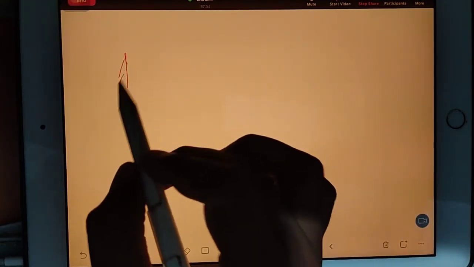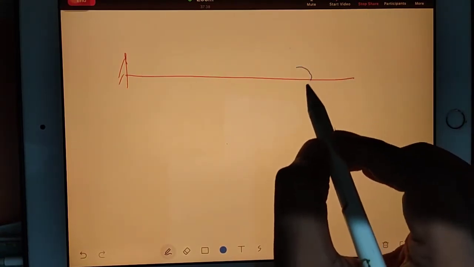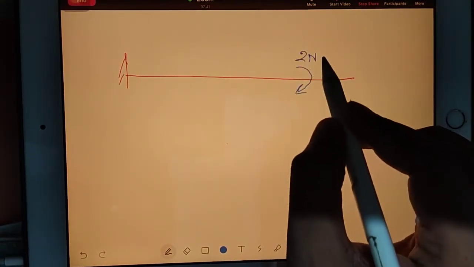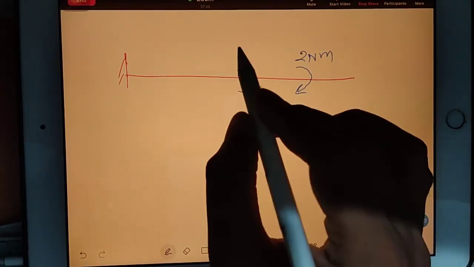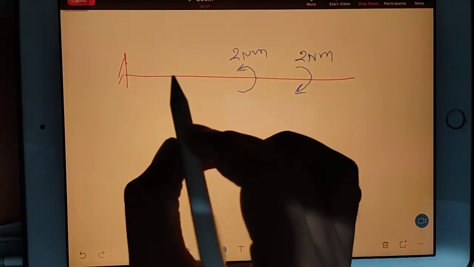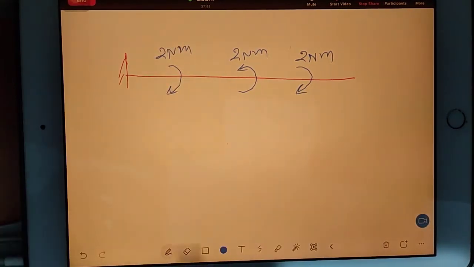Now see, I am giving you one concentrated moment here of 2 Newton meter, one here of 2 Newton meter, and one here of 2 Newton meter.